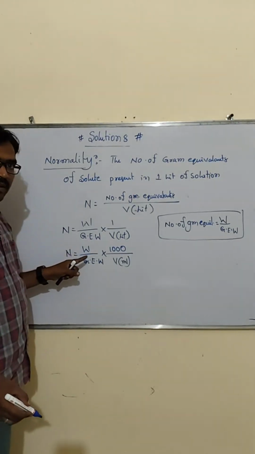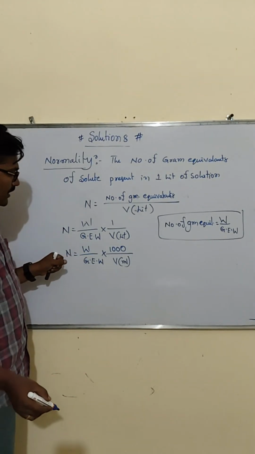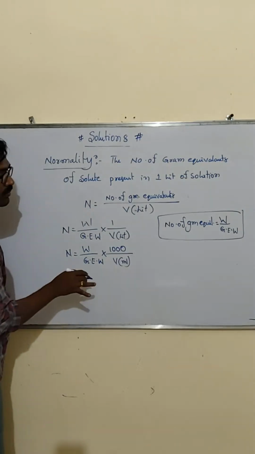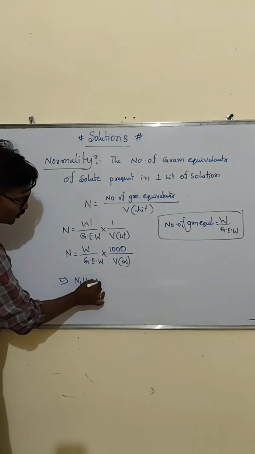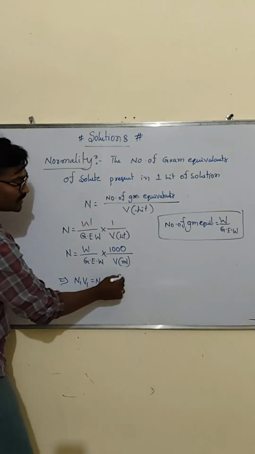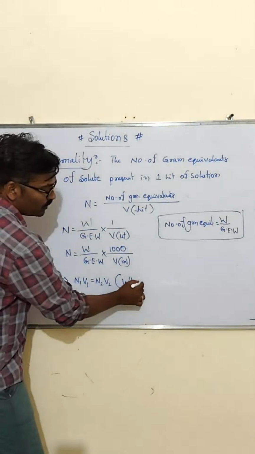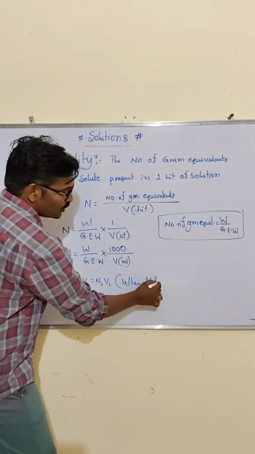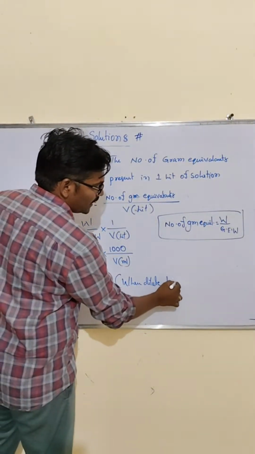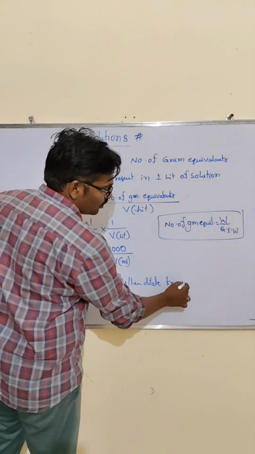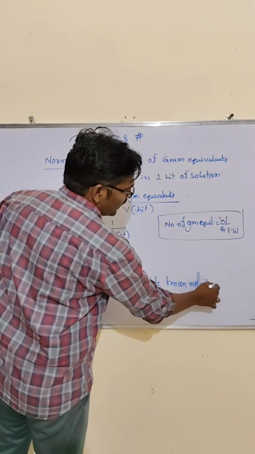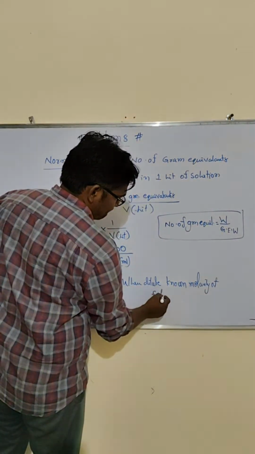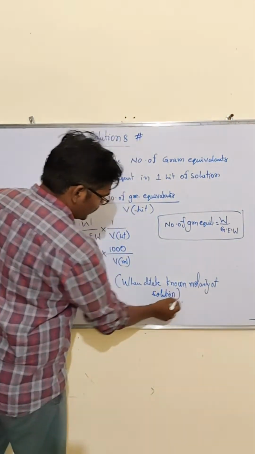Do all of you understand? Right. Now other formulas are also there. N1 V1 equals N2 V2 when it is diluted, with the known normality of the solution, to find the resultant solution.